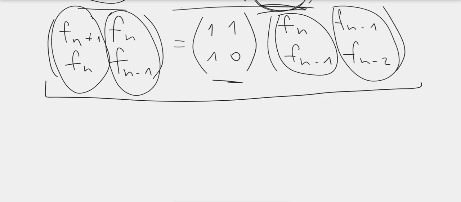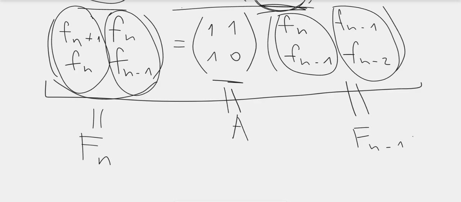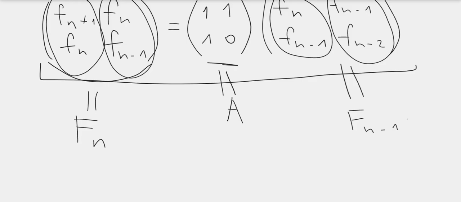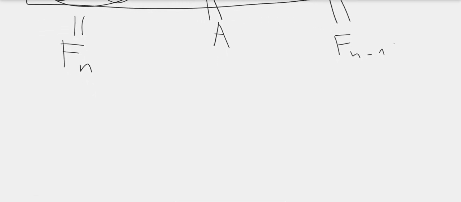Now let's denote this matrix by capital F(n), so this matrix would be F(n-1). And let's denote this matrix by A. So our formula is rewritten as F(n) is equal to A times F(n-1).